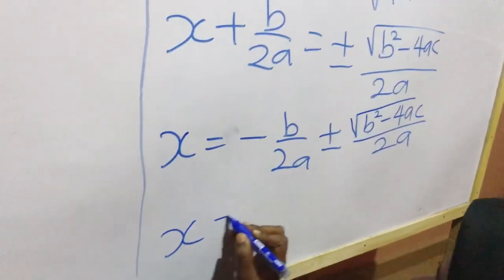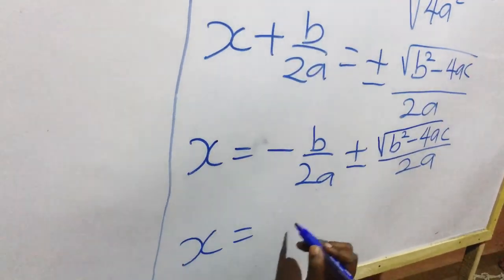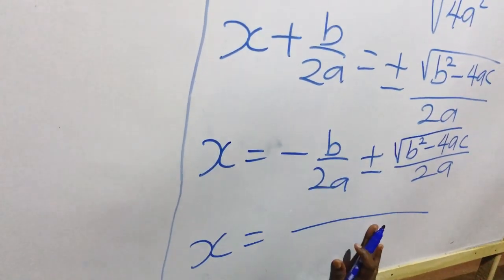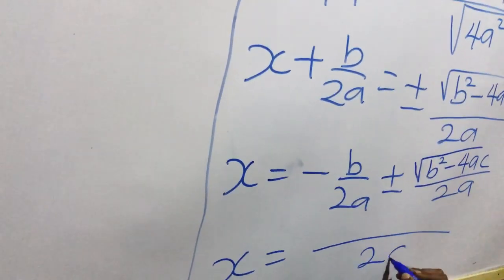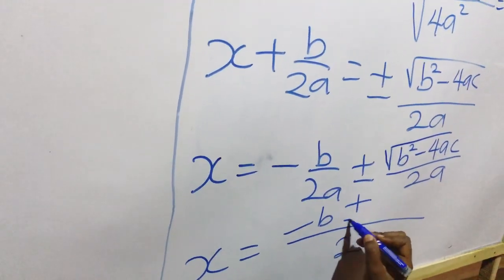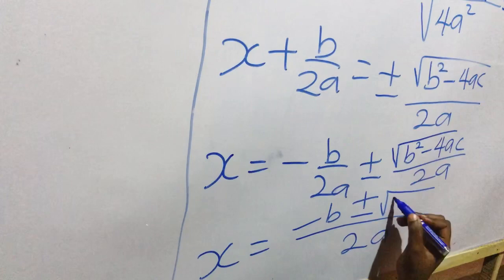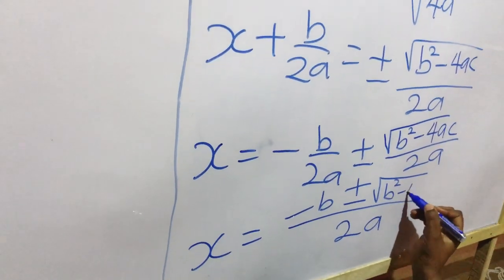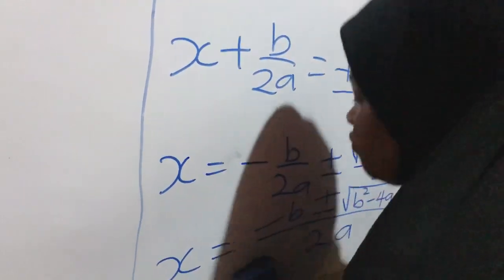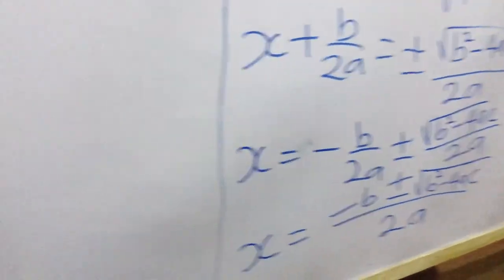so we need to find the LCM of those denominators. The LCM of 2a and 2a gives us 2a. So we have minus b plus or minus root b squared minus 4ac. This is the formula for solving a quadratic equation.